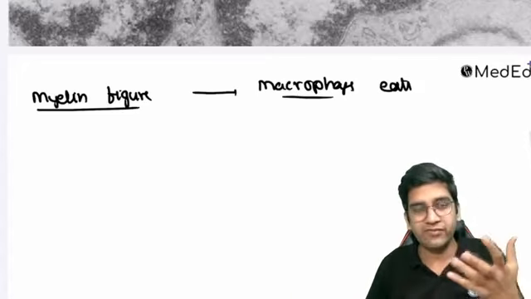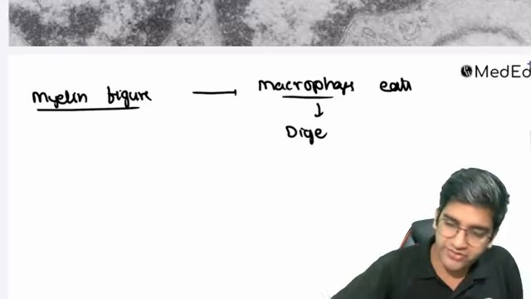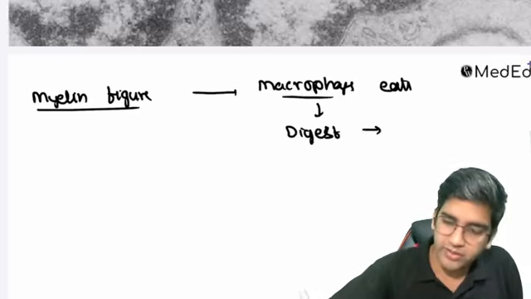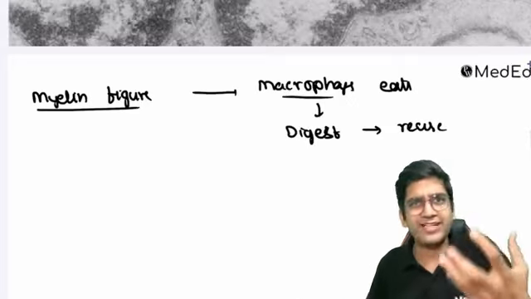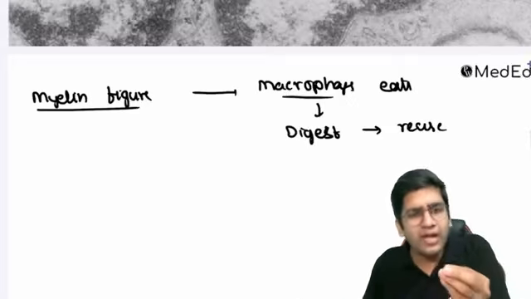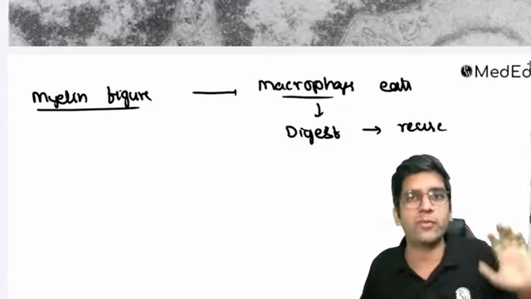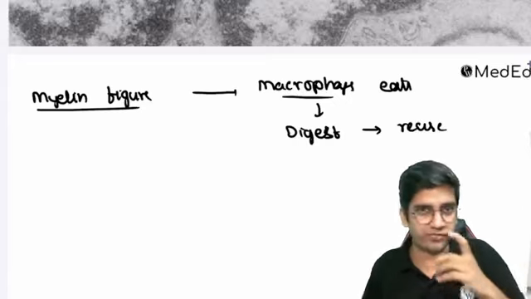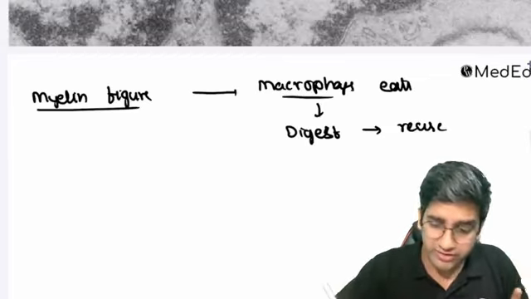Once they eat the myelin figure, they will digest it, and they will reuse all the things. That's the purpose of the macrophage. Any cell dies, eat it, have good protein, reuse it. Good lipid, reuse it, or send it to the liver for metabolism. That's what a normal macrophage does, right? Tell me, you are going to be very important here in this discussion.